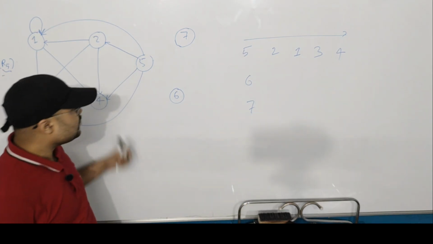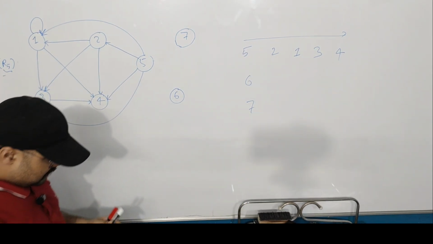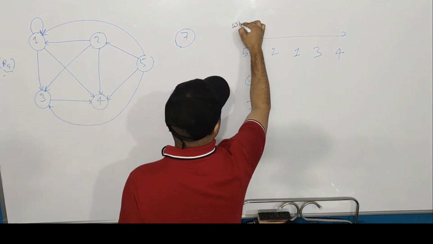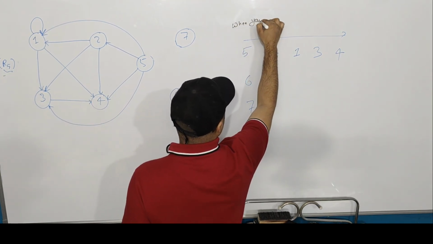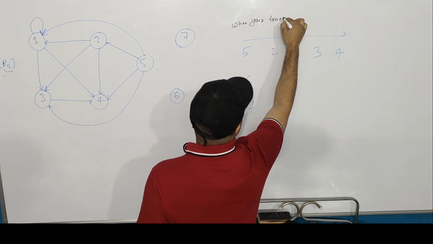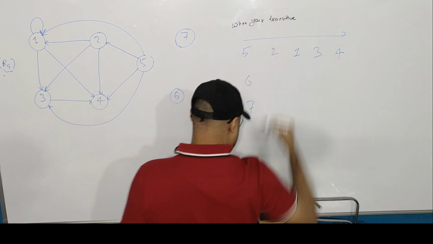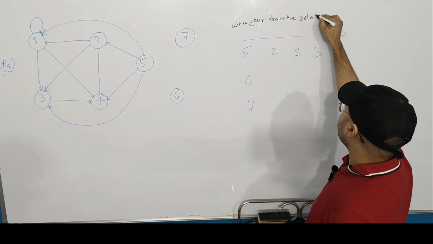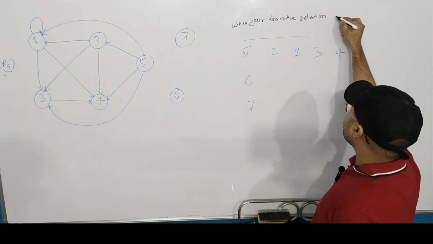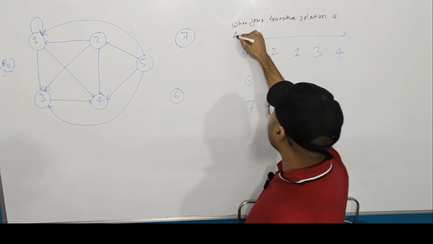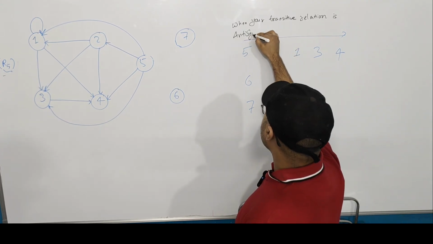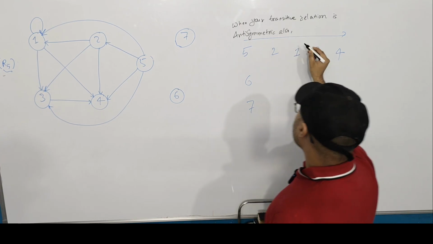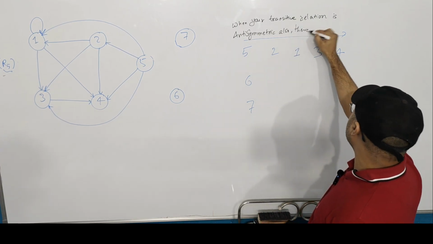To add to this, we can say that when your transitive relation is antisymmetric also, there is an order in the connected component.